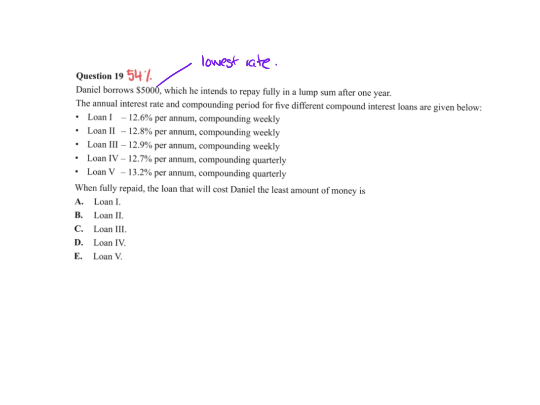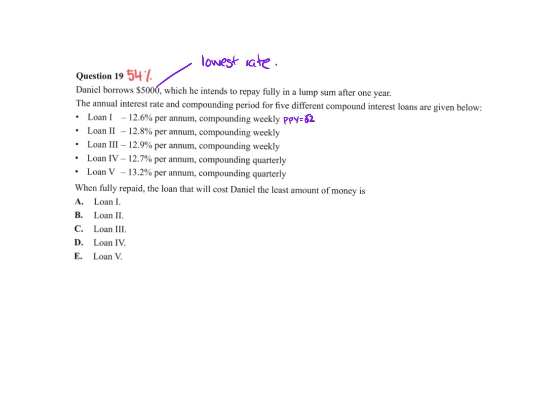So if you look at loan 1, it's 12.6% per annum, that's the nominal, compounded weekly. So PPY equals 52 again. Okay, if you look at loan 2, it's 12.8% compounding weekly. So you don't need to really work it out.